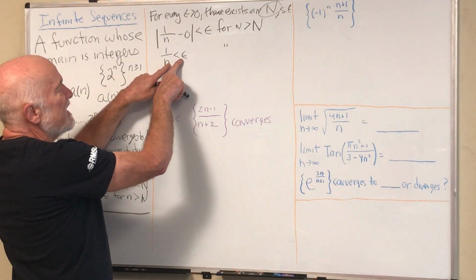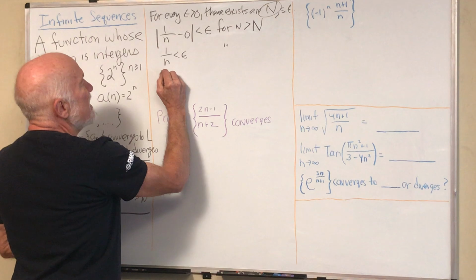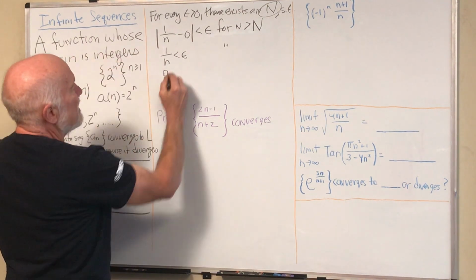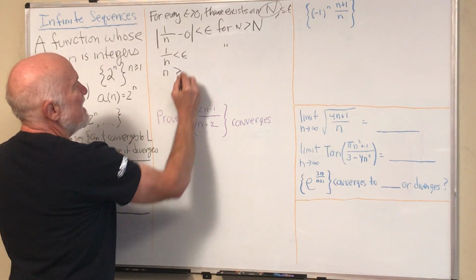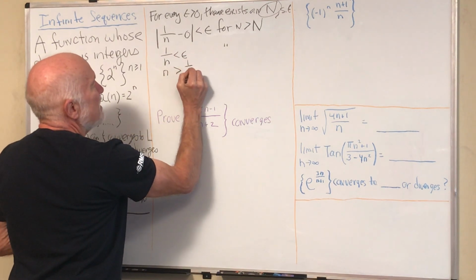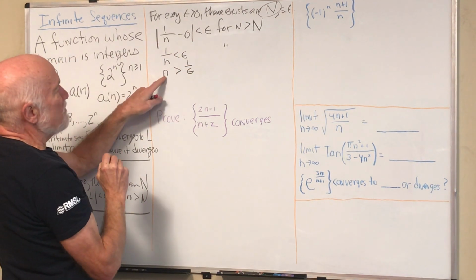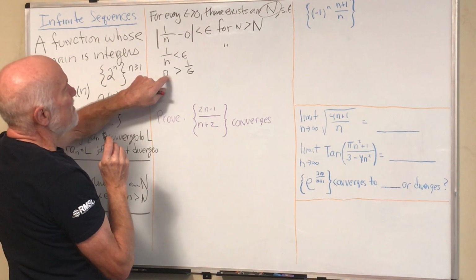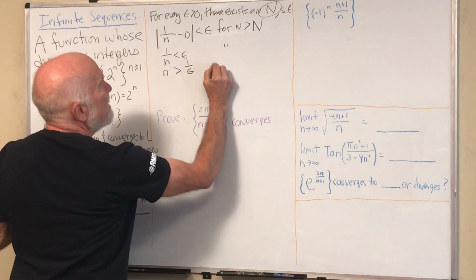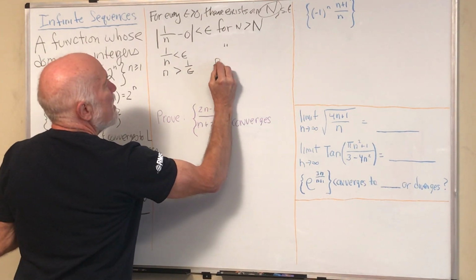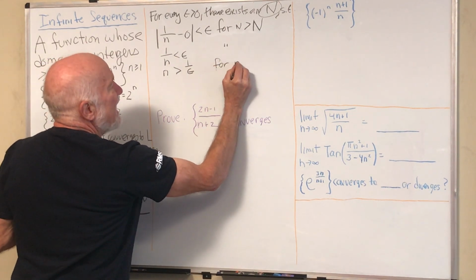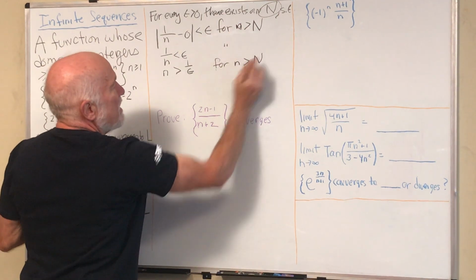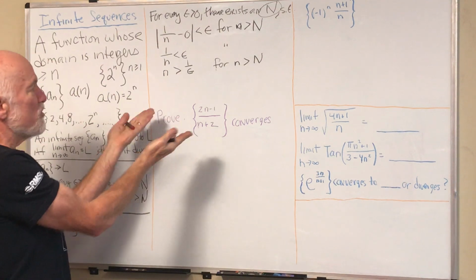Well, knowing our inequality rules, if we flip everything upside down, we have to change the inequality sign. So now I just have to show that n is greater than 1 over epsilon for all n greater than this big number N. Well, how could I prove that?